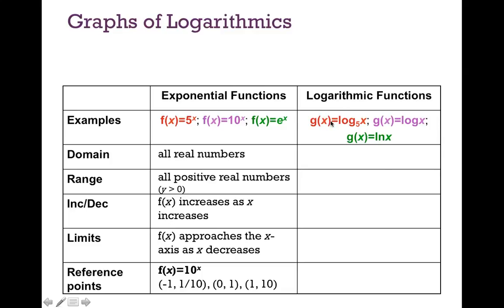And then I've listed the corresponding inverse functions as logarithmic functions. If I have a base of 5 here, then I have log base 5 of x as the inverse. 10 to the x means the inverse will be the common log, log base 10 of x. And an e base means that the inverse is going to be the natural log of x.